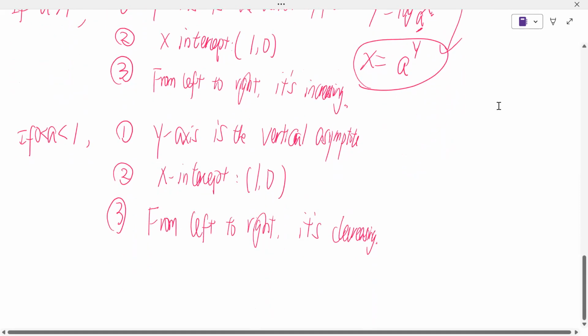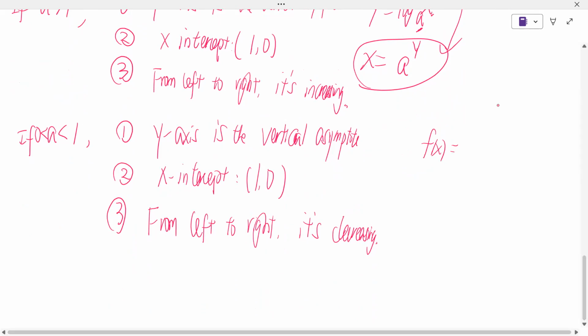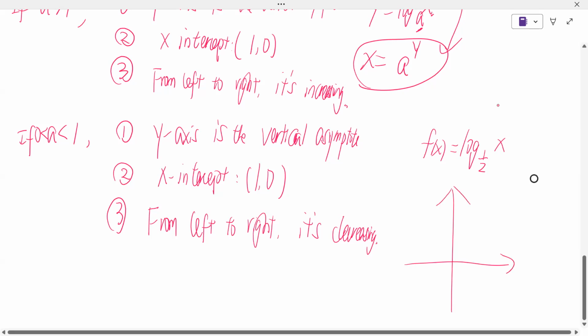So for example, let's say you have log of x with base less than 1, right? And our graph will look like this. Something like that, right? Decreasing. We'll go like this.